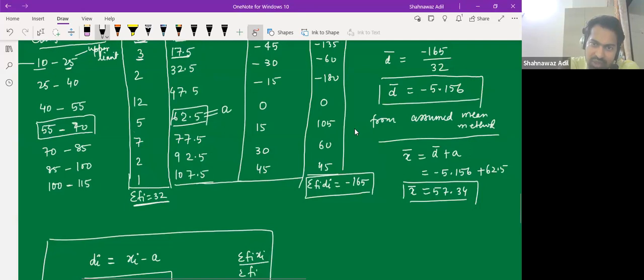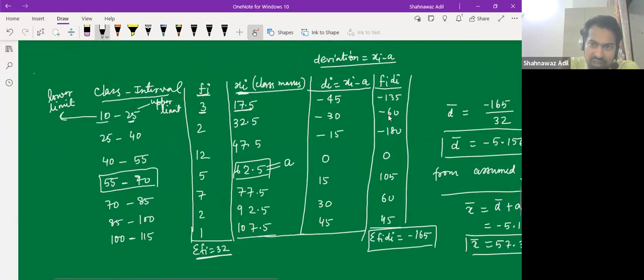You can choose any method, but this method was simpler in comparison to the direct one, right? You will find another method, and you will see how much more simplified the calculation can be. Whenever your class marks are small, like 2, 3, 5, 6, 7, 9, you can use the direct method.